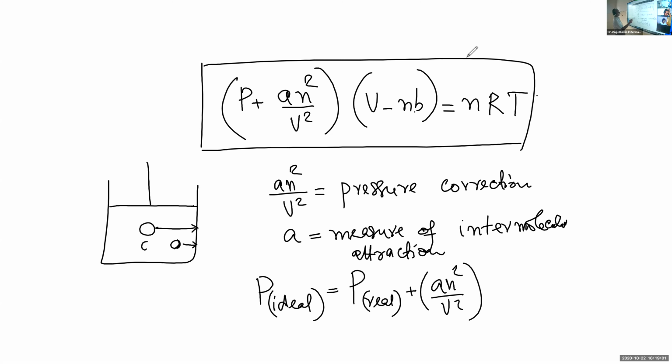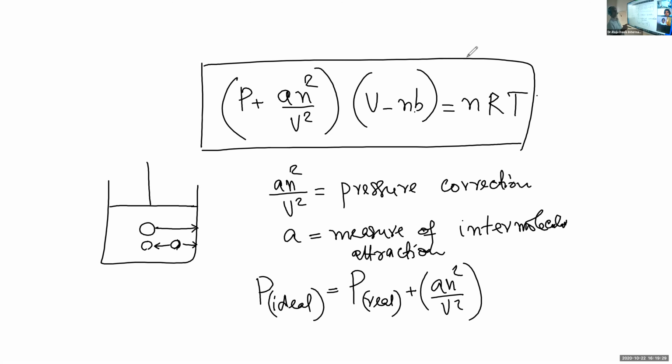Suppose a molecule is here, behind this one, there is intermolecular force of attraction according to van der Waals. So what will happen to the molecule that is going to collide with the walls? The molecule that is going to hit the wall is pulled back by the molecules present at the backside of the molecule.